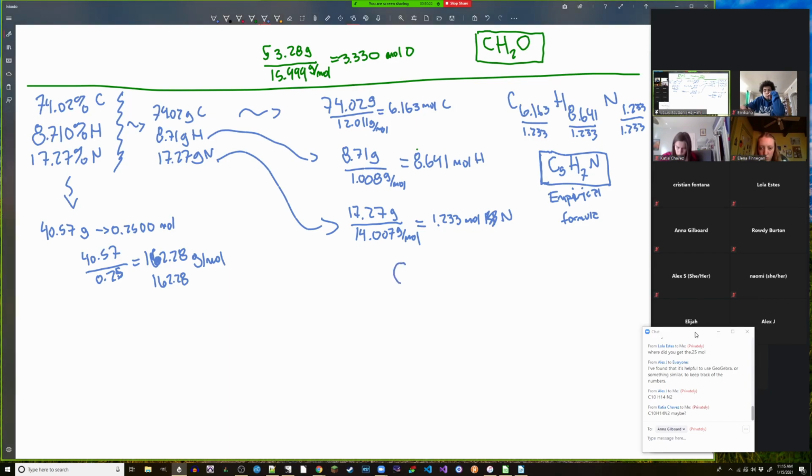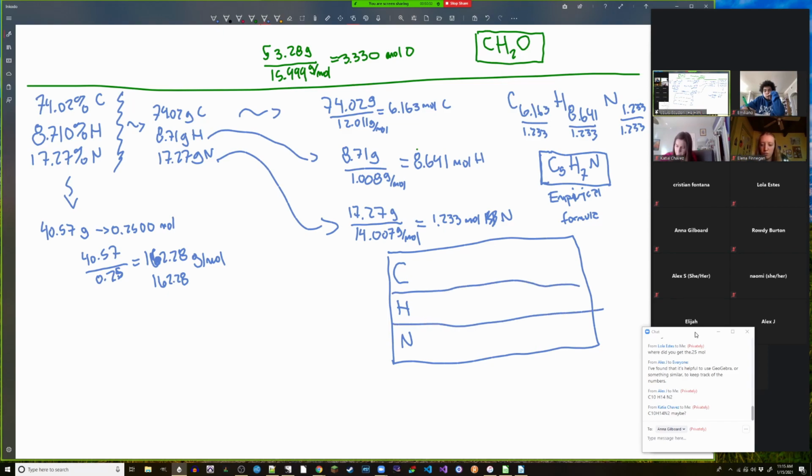So we go back to our little table that we had a while ago. C, H, and N are our three elements. My straight line drawing skills are trash as ever. The mass of each of these in AMU, we already know because we just looked them up: 12.011 for carbon, 1.008 for hydrogen, and 14.007 for nitrogen.